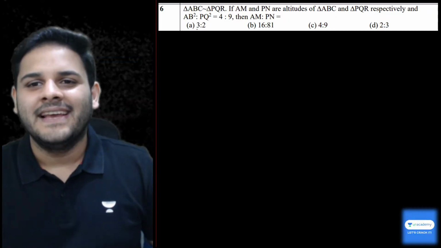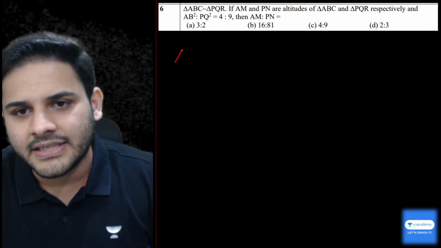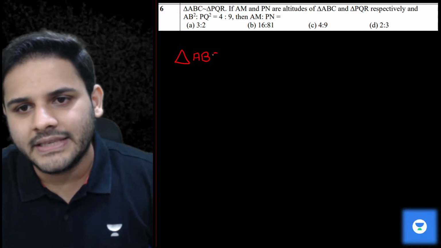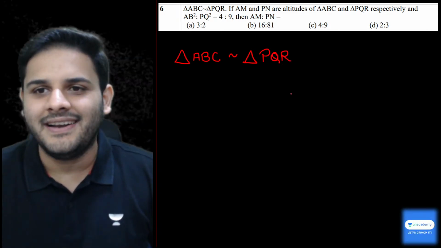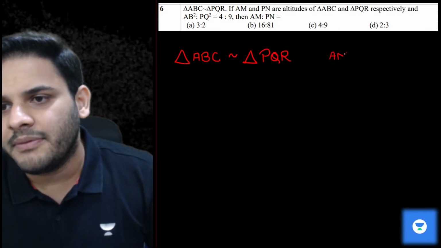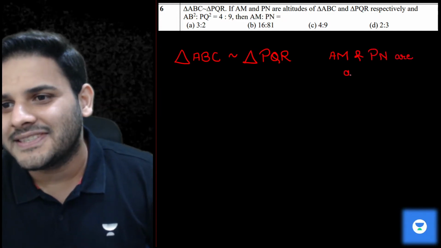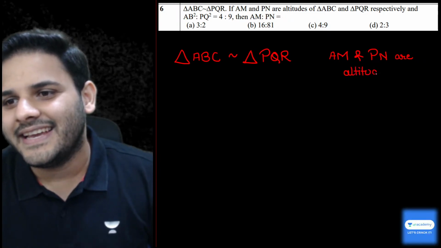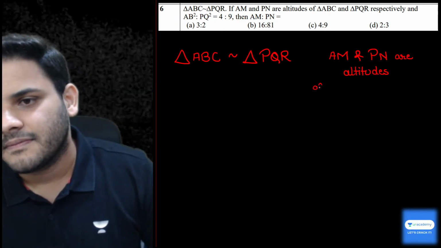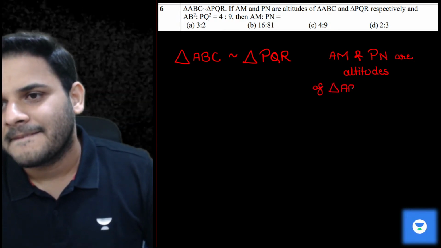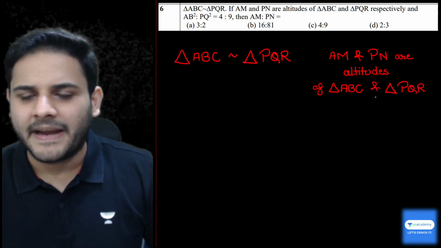Here we go. Now you have the triangle, people. They have given us that triangle ABC is similar to triangle PQR, and they have also given me that AM and PN are altitudes of triangle ABC and triangle PQR respectively.